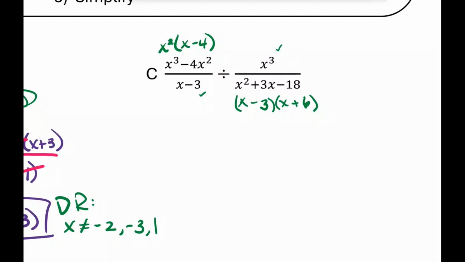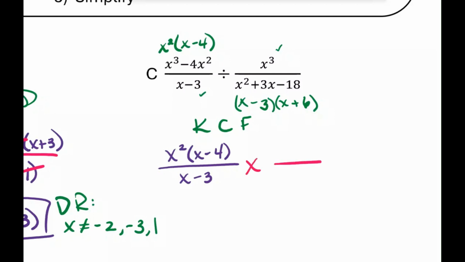So now we're going to do keep, change, flip. All right, so we're going to keep our first fraction, x squared times x minus 4 on top, and then x minus 3 on bottom. All right, we're gonna change it to multiply and flip this one. So now I've got x minus 3, x plus 6, and then an x cubed over here. All right.